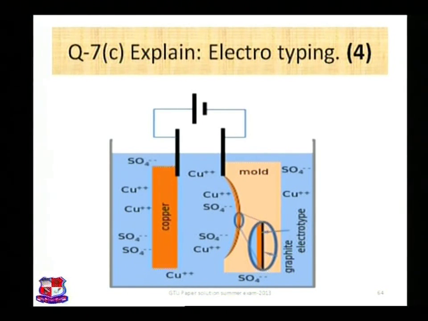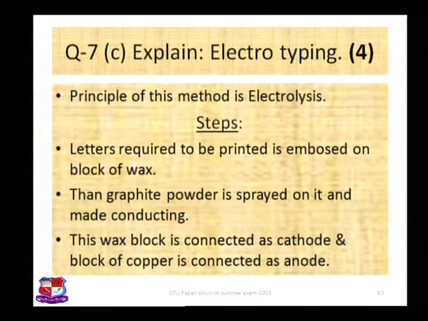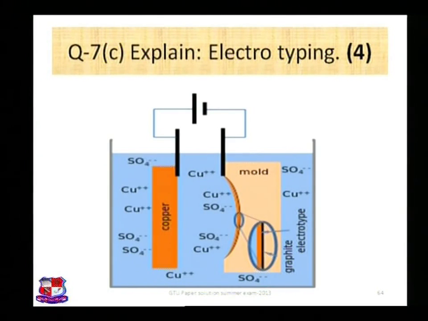The letters required to be printed are embossed on the block of wax, then graphite powder is sprayed on it to make it conducting. This wax block is connected as cathode and the copper block is connected as anode. Copper sulfate solution is acting as the electrolyte.